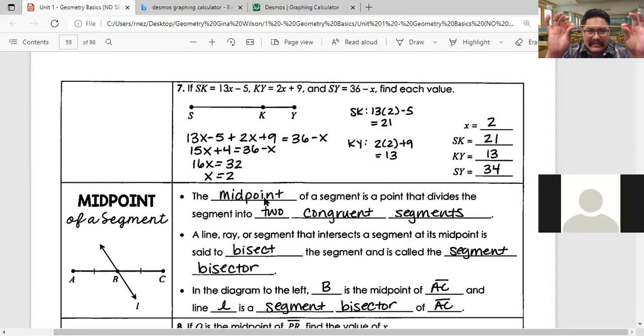So I have a bit of a segment here, kind of a longer segment, and then we're looking for a midpoint. So the midpoint would be maybe somewhere right about there. And we've got to break it into 2 congruent segments. So how could we do this so that we break it into 2 congruent parts?